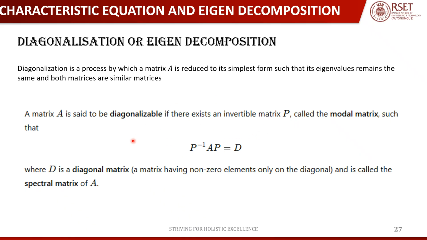Then you can say that A is diagonalizable. It will be clear with the problems that follow.